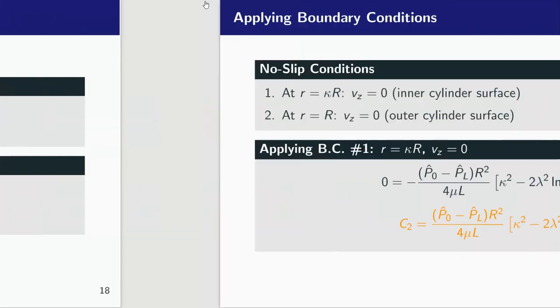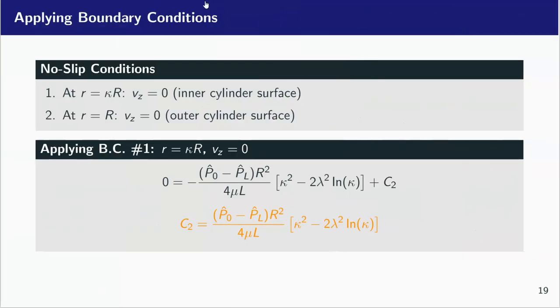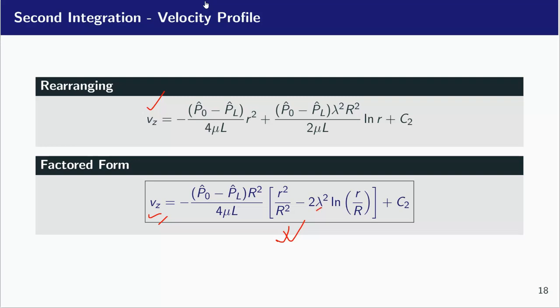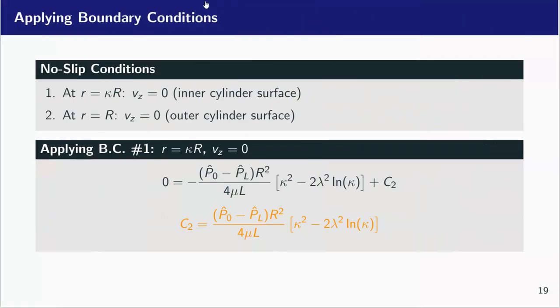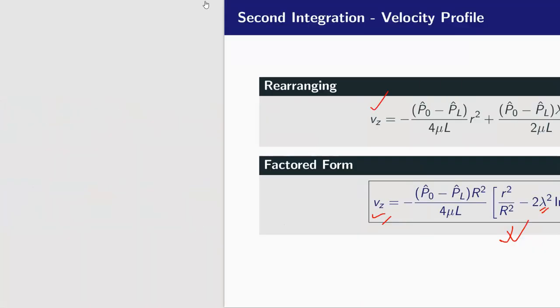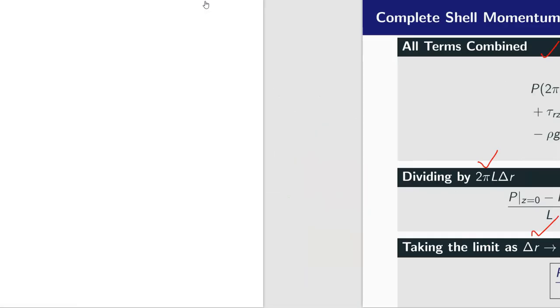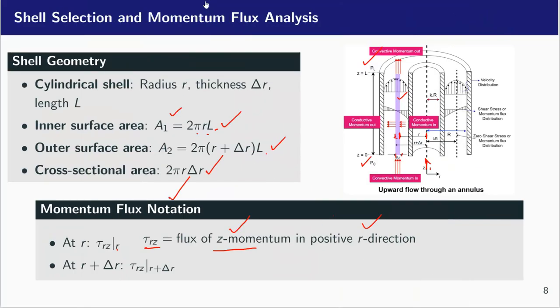So now after that we put in the two boundary conditions. Why two boundary conditions? Because we don't know lambda, and another is we don't know C2. So at r is equal to kR, vz is equal to 0 because it is the inner surface, and at r is equal to capital R. If you see this figure here, the velocity here is also 0 and here also 0, similarly here also 0 and this surface also 0.